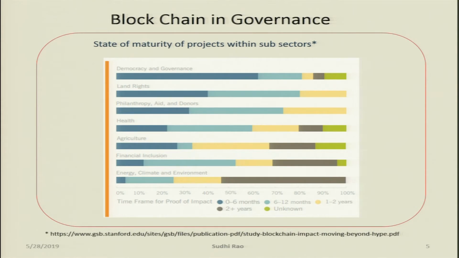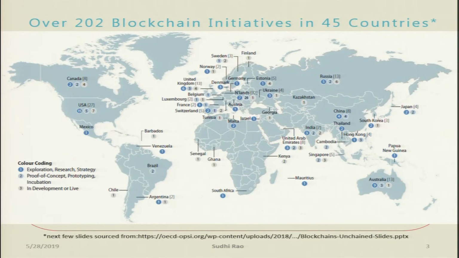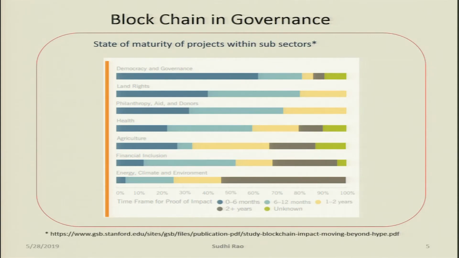The first study is from a European organization called OSPI. This study is from Stanford University. Intermittently I am going to use information from both the studies in this lecture.